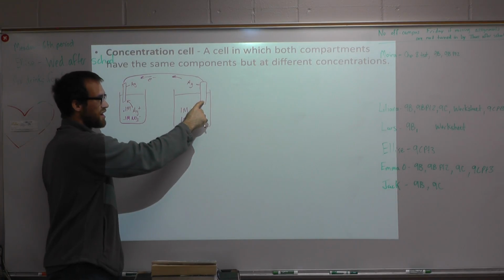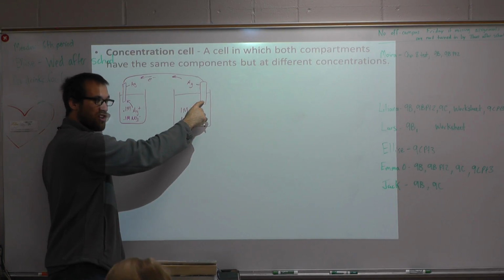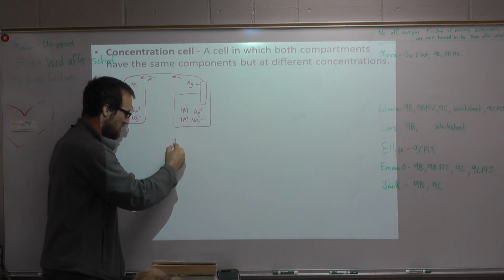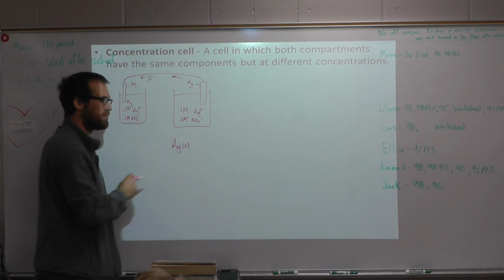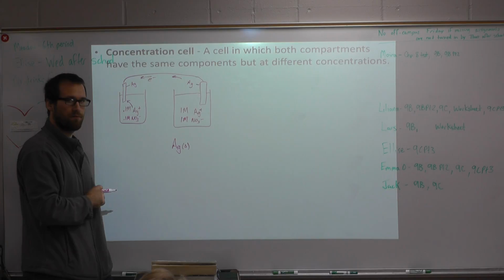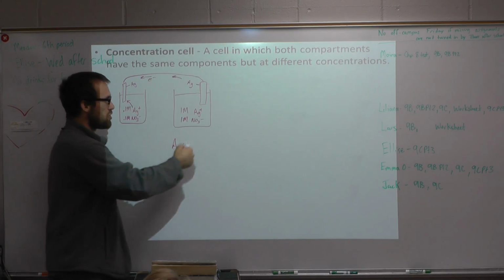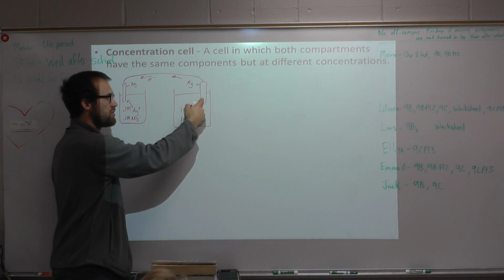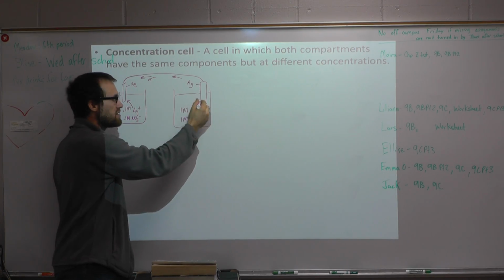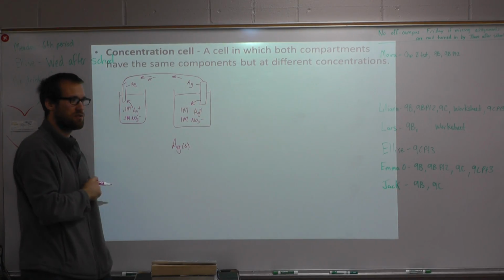If I took and stripped an electron away from a solid silver atom, what would it become? Positively charged. So if I strip electrons from the solid, it would cause it to become ions, Ag+, and drop off into the solution.